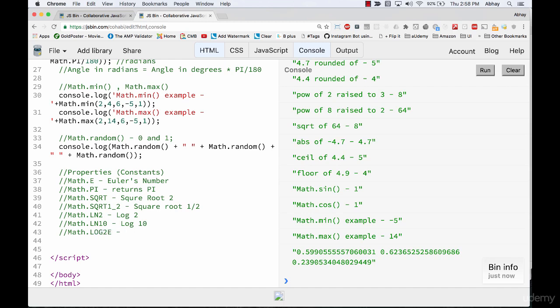What does this mean? This means log of e to the base of 2. Similarly, you have math.LOG10E, as you expect, because that means it's log of e to the base of 10. So these are all the properties and the constants you will need from the Math object.